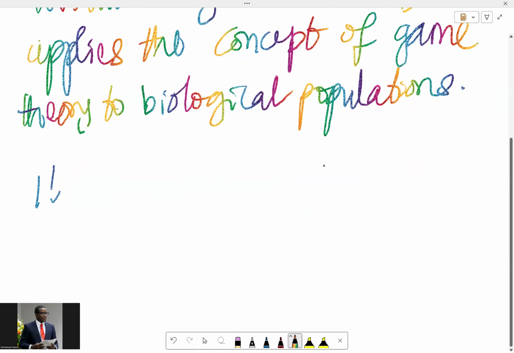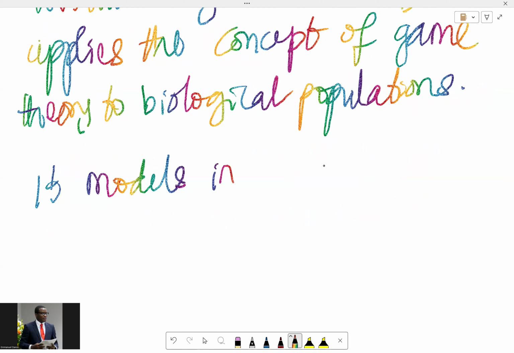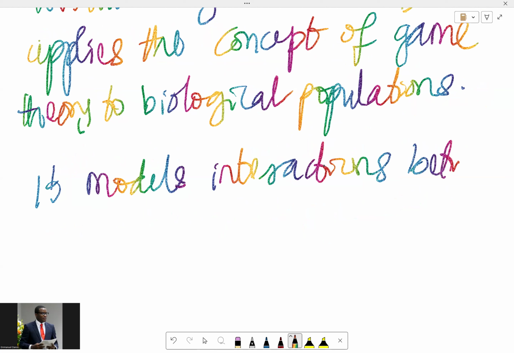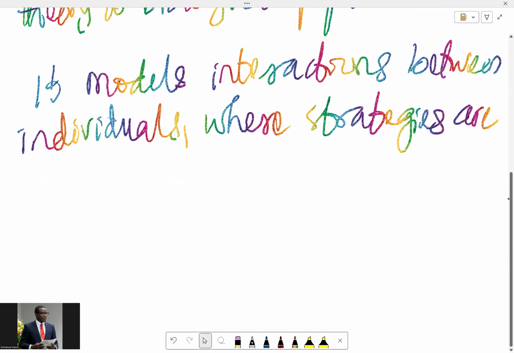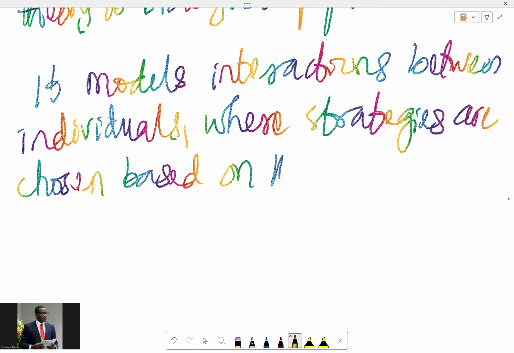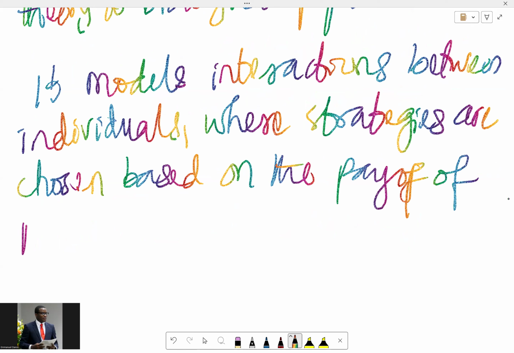So it models interactions between individuals where strategies are chosen based on the payoff of those interactions.